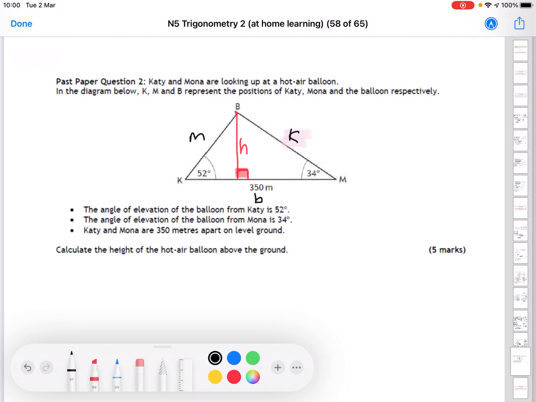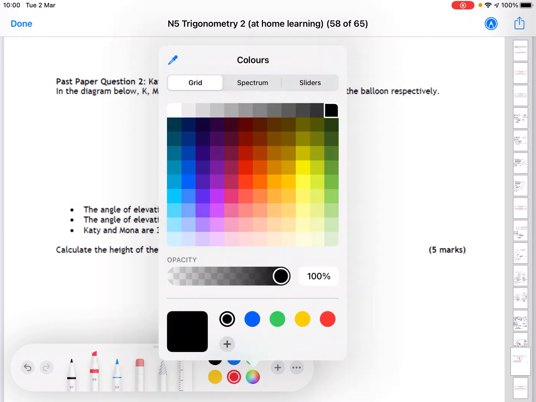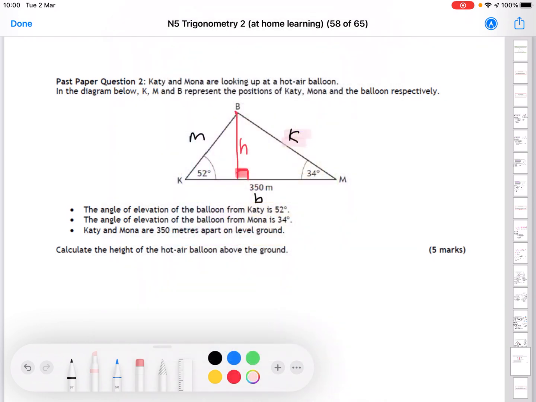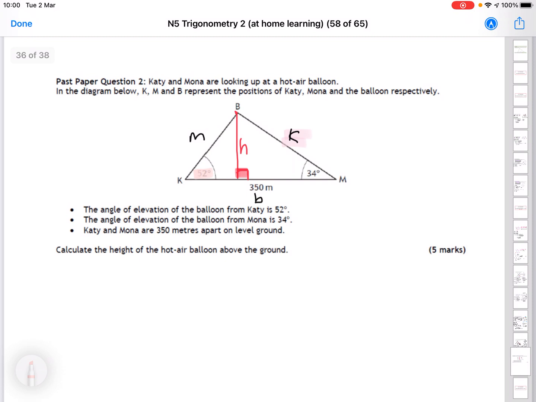So if I'm going to find side K, let's think, do we have what we need to use our sine rule? We have our matching angle that goes with the side K. So we have the 52 and the K, that's a pair. Now the only other side we have is that 350. We would need the angle up at B to do sine rule.